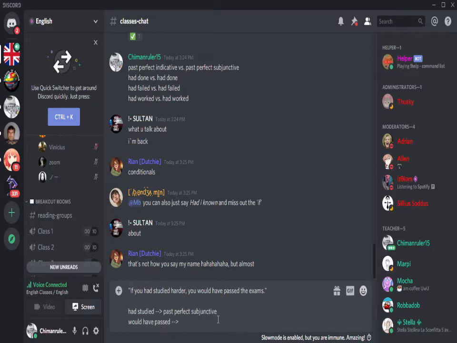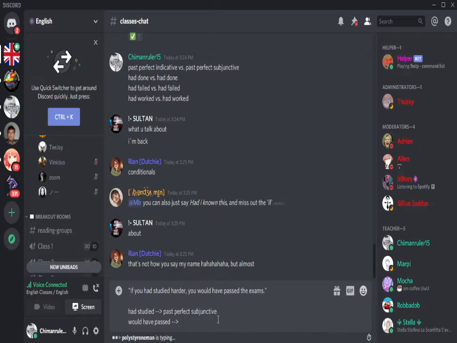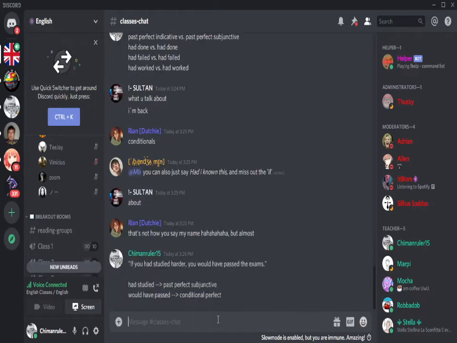And I should mention the conditional perfect too. The conditional perfect is just would have and then a verb. That's it. So the conditional simple is would and a verb. The conditional perfect is would have and a verb. So that's the difference. Let me finish what I'm typing first. So in this example, had studied is the past perfect subjunctive, and would have passed is the conditional perfect.